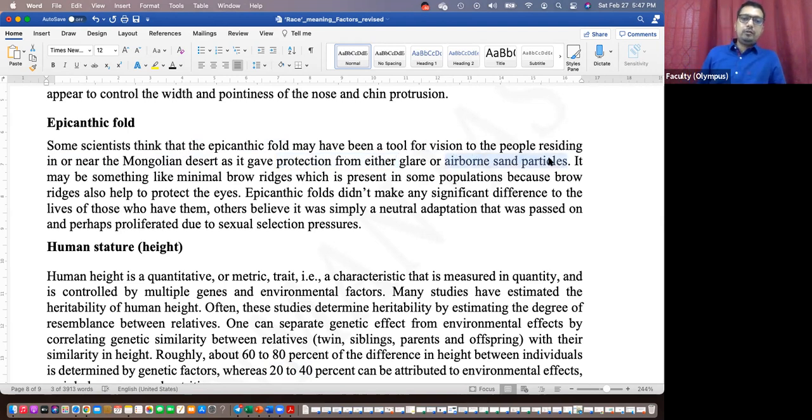So it could be an environmental adaptation. This might give people a smaller opening, thereby protecting the eye from the sand particle damage it can cause and the glare that these people may experience.